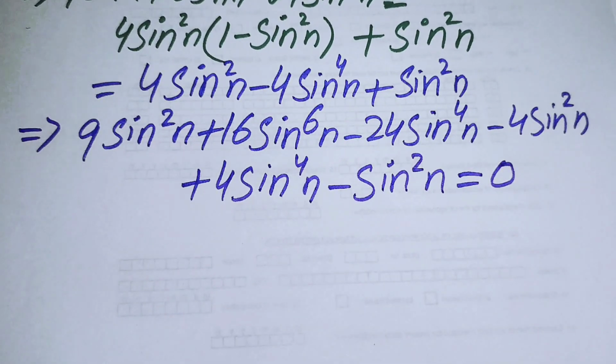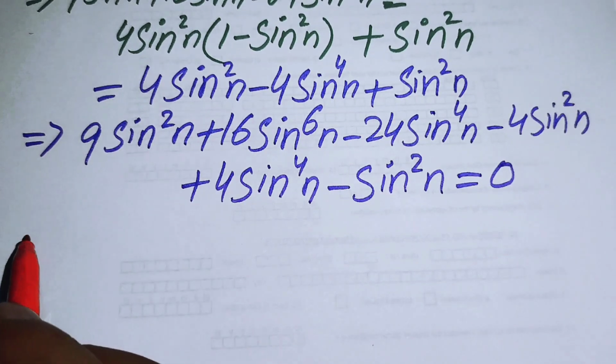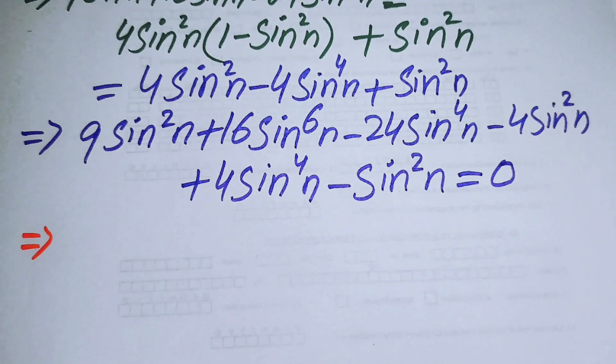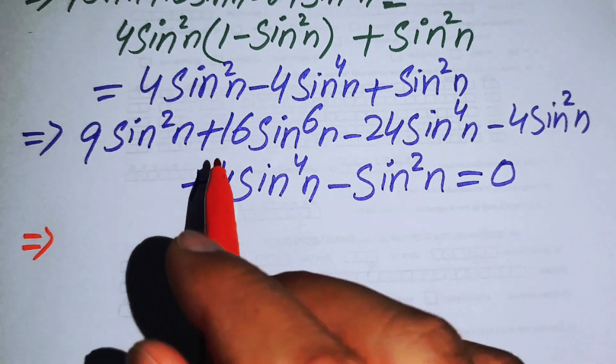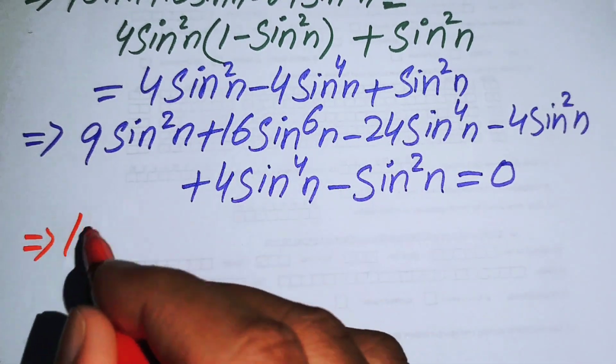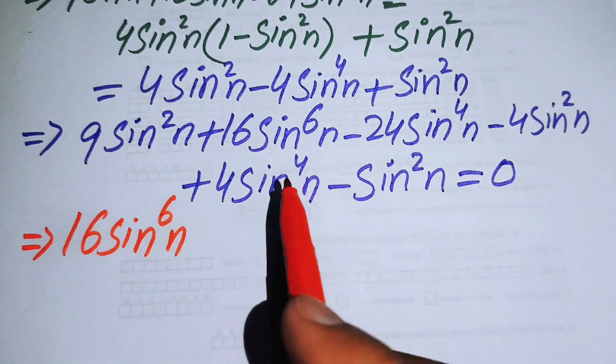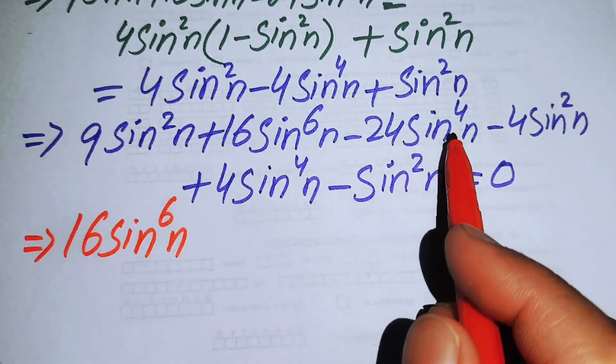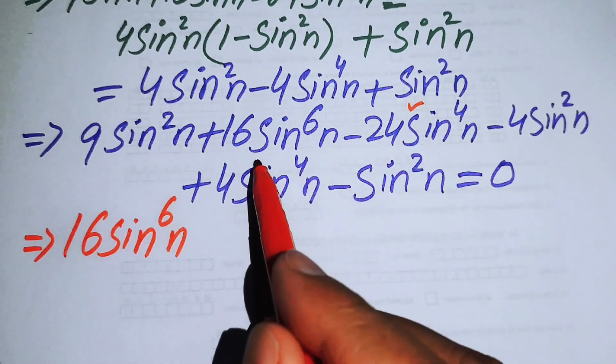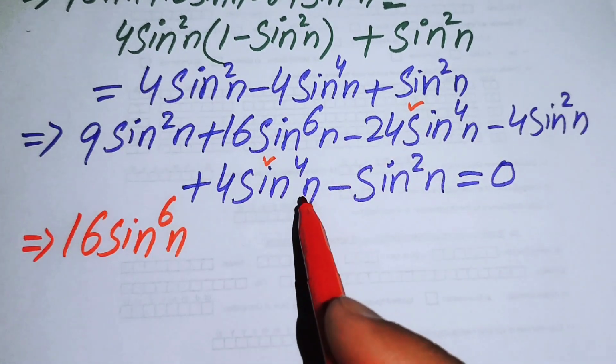So now we will add or subtract the like terms here, and first I write the term which has the highest exponent, which is 16 times sine to the power of 6 of n, and after that we have minus 24 times sine to the power of 4 of n and plus 4 times sine to the power of 4 of n.